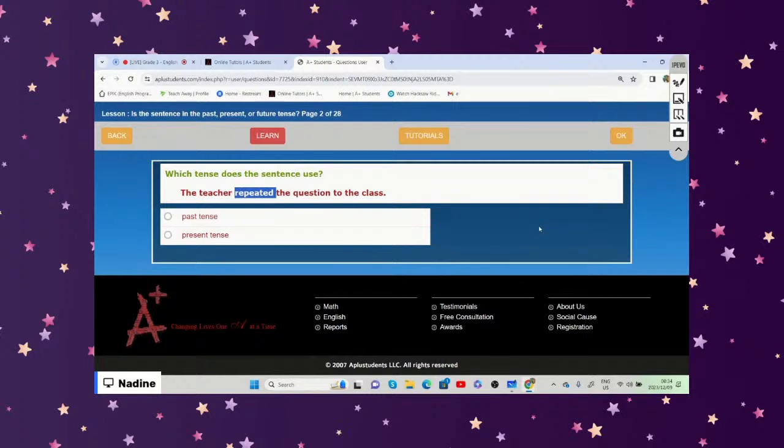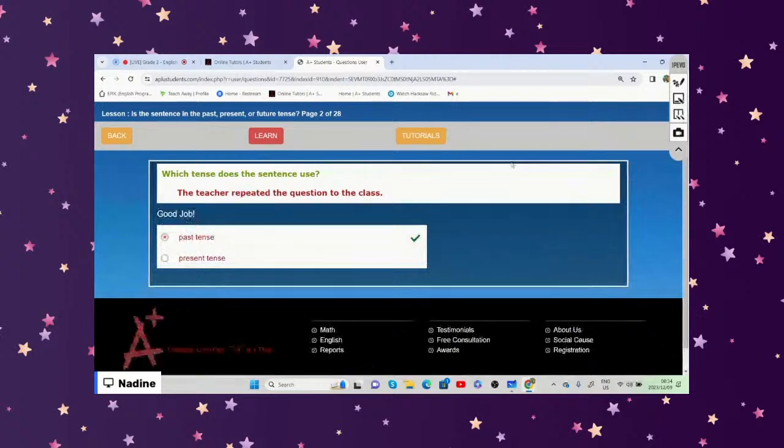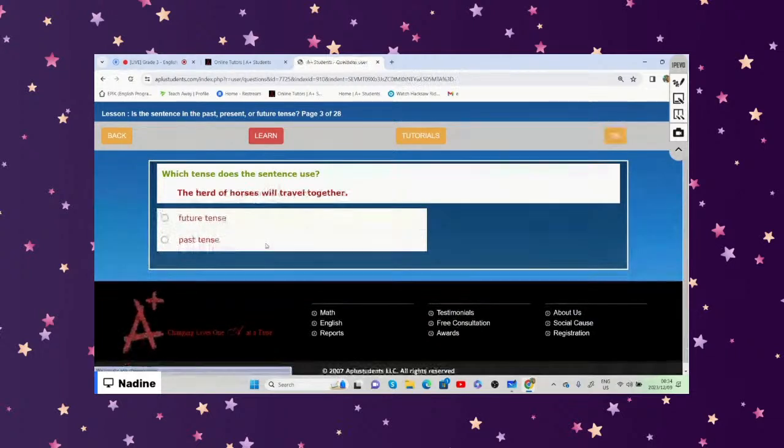All right. So basically, if we look at the word repeated, repeated sounds as if it is in the past, but it can also be the simple present tense. Let's just go with the past. So teacher repeated. Well done. It can also show the simple present tense, but in this case, it is in the past.